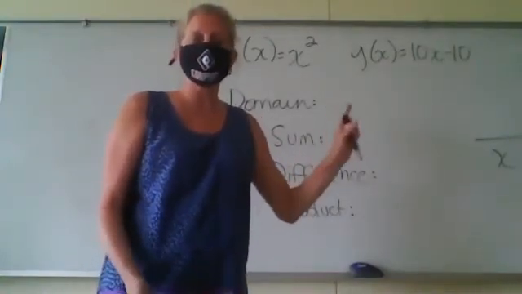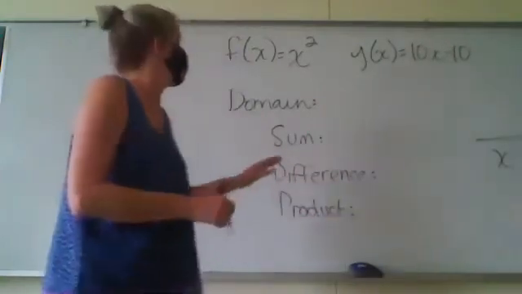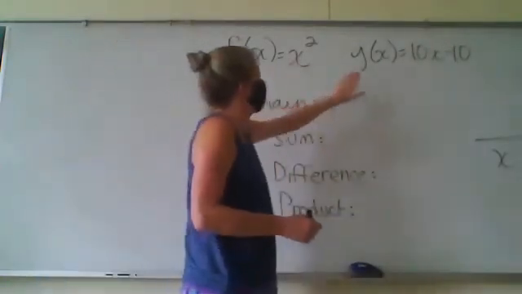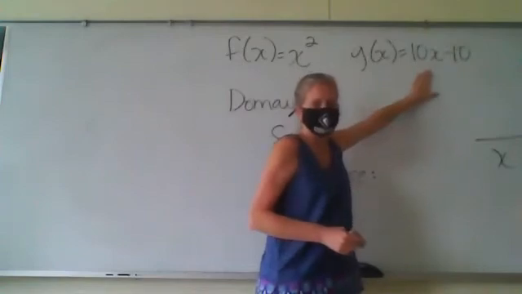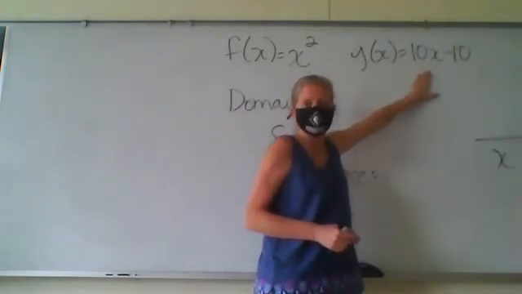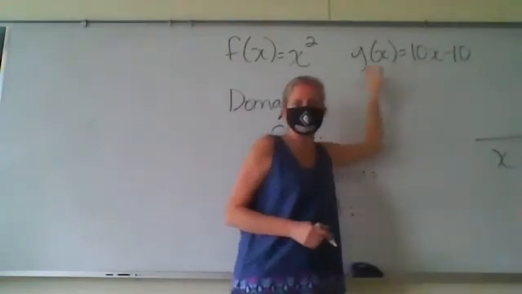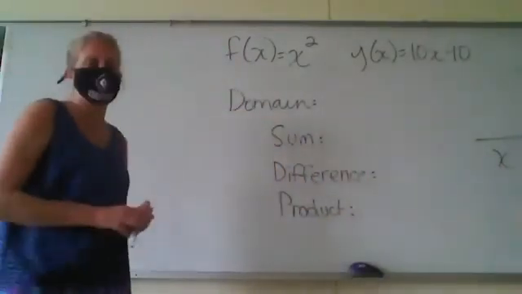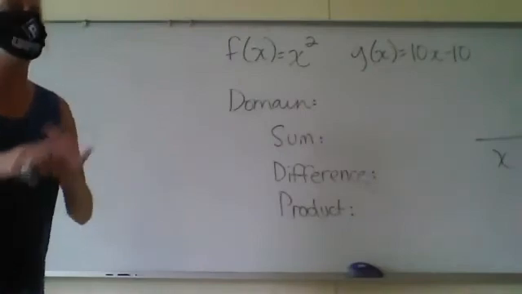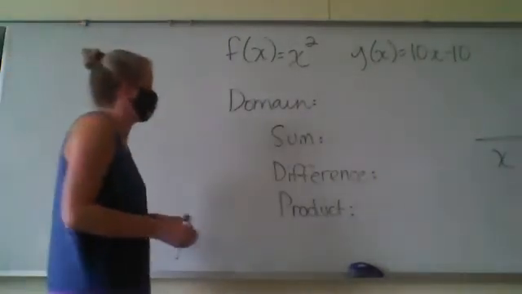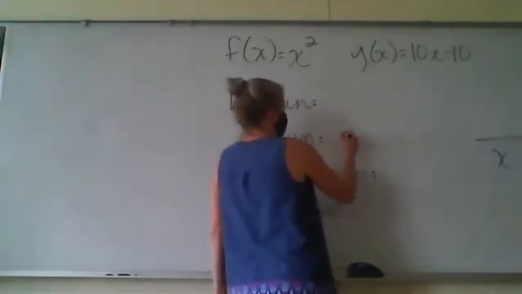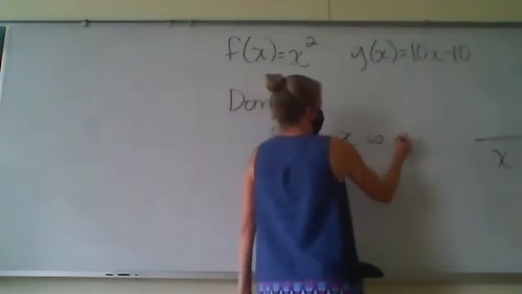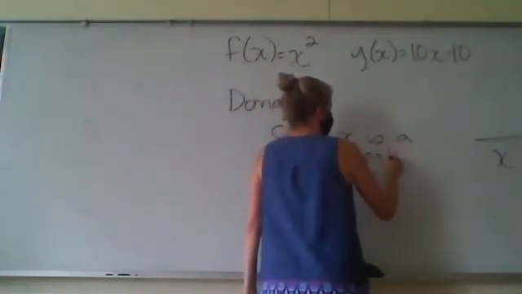Which means there's no restrictions. If there's not any restrictions in this or this on your domain, and there's not, right? Because there's no x's in the denominators of any of those, all 3 of those are going to have the same answer. They're all going to be all real numbers. And the way that MathLab states it is the domain of each one of these is x is a real number.